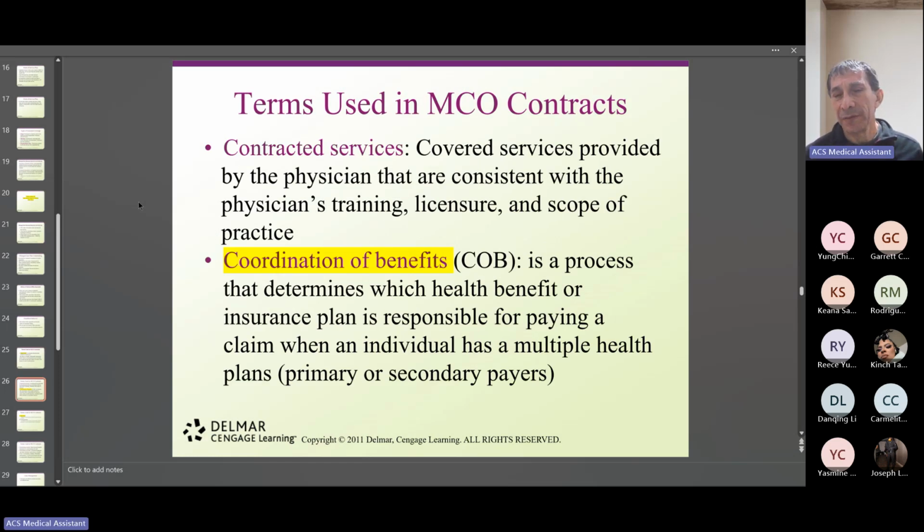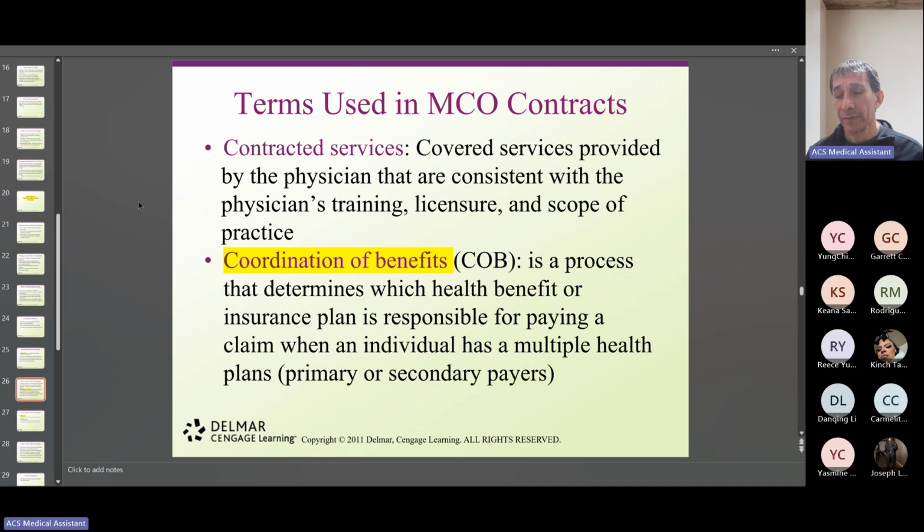So let's talk about other terms used in the managed care organization contracts. Contracted services. Now, contracted services means what are the services that you are covered as a medical provider? That's basically what it is. Depending on your specialty, your level of training.